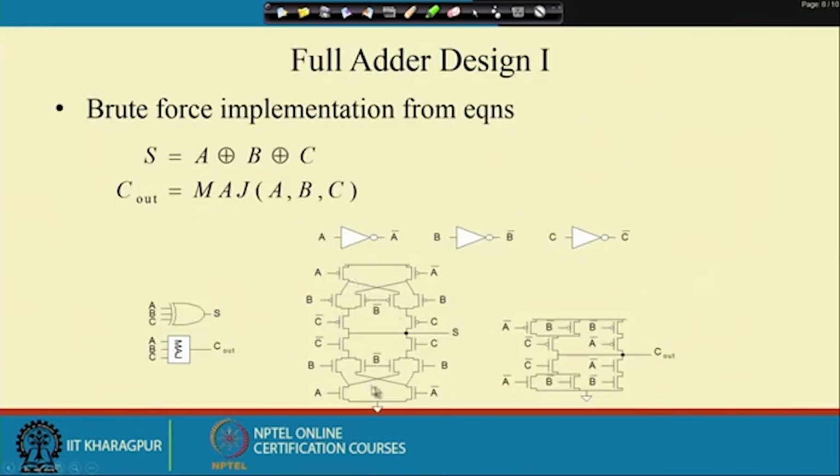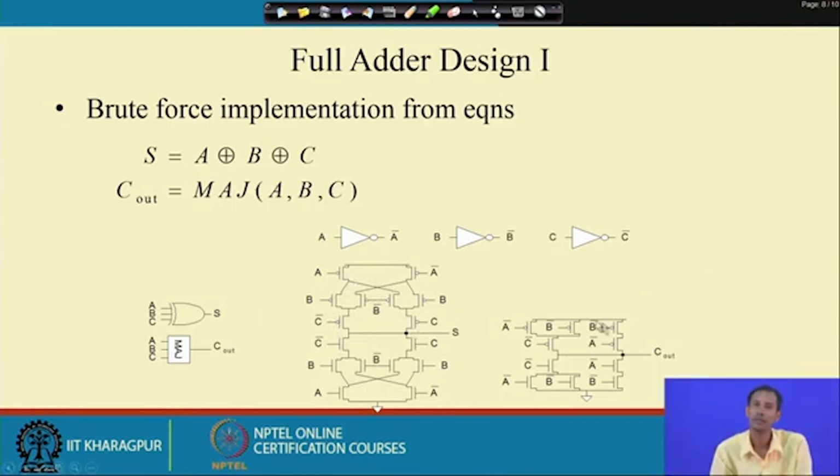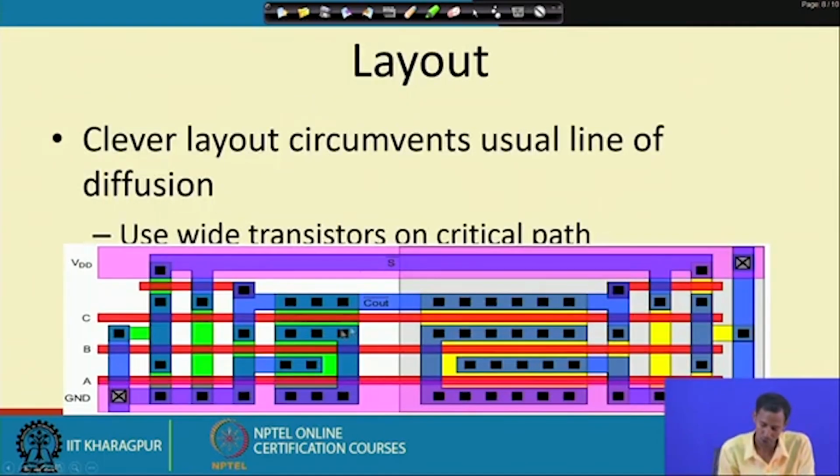Basically, it is connected based on the transistor level implementation. If you see, the sources of these two transistors are connected, and then the drain of this is connected with the source of this C. So, in this layout also we have to connect something like this.